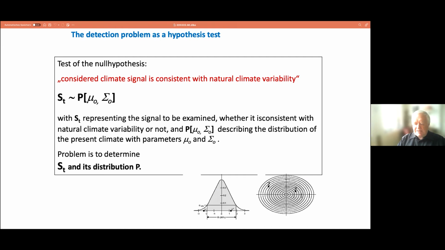And so we ask, is our present state in the margins of the distribution or not? If it's not in the margins, then we'd say, okay, it still could be related to natural variability. While if it's outside, then we'd say, no, the evidence is that very likely it is not. Even though, of course, it is a subjective choice to say when the margins begin and when not.